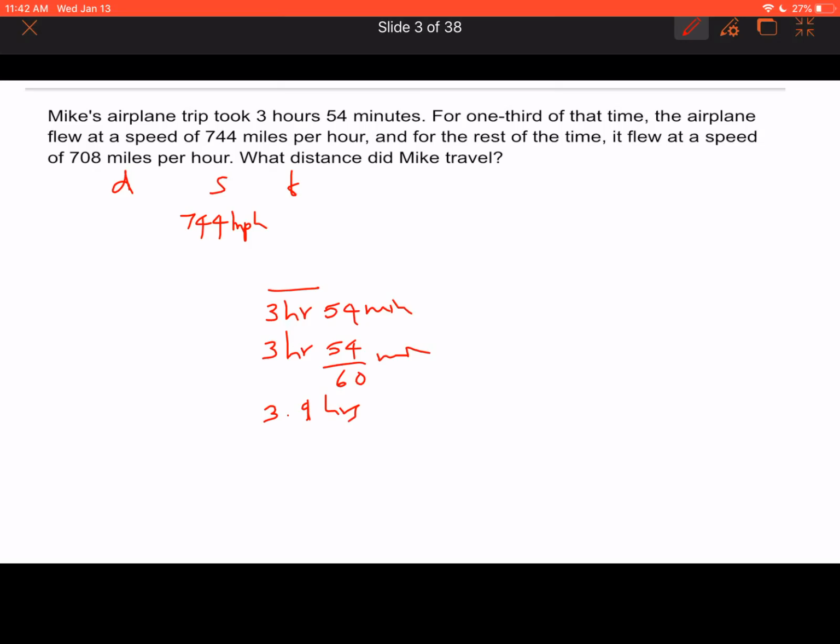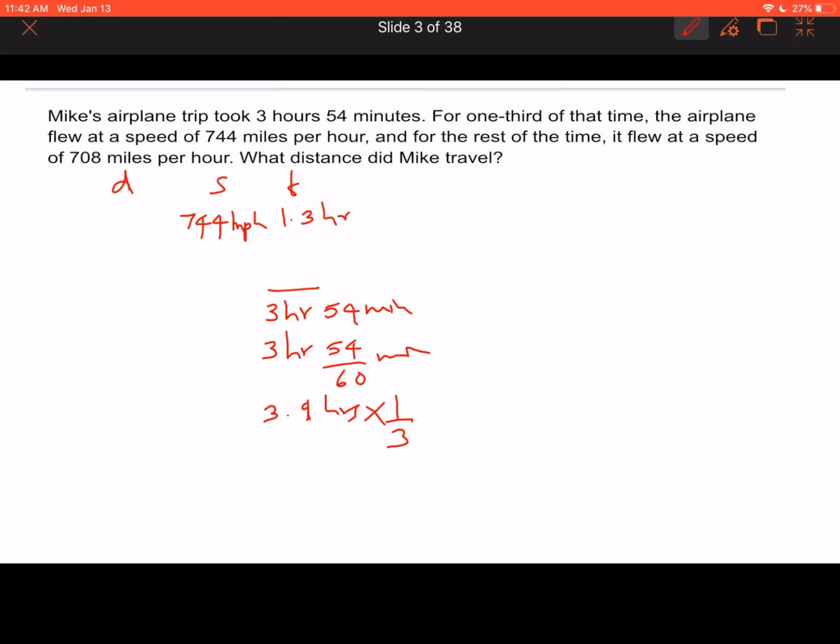So to find out the first part of the journey, the time is 1/3 of the total. So 1/3 of 3.9 is nothing but 1.3. So it takes 1.3 hours at the speed of 744 miles per hour. Then it travels the rest of the time.